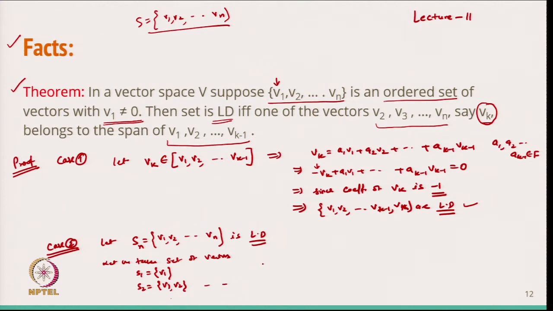So, Si is the set of vectors V1, V2 up to Vi, and then Sn is the whole V1, V2, V3 up to Vn. So, these are the sets I can define from the set Sn, and I am keeping this in order. That is the most important thing.